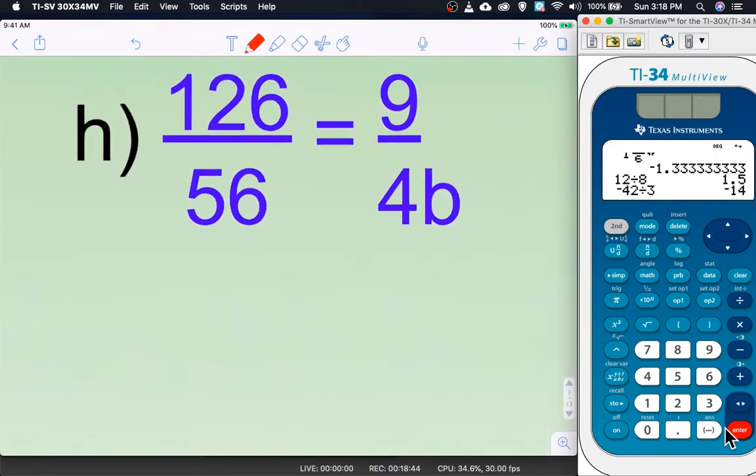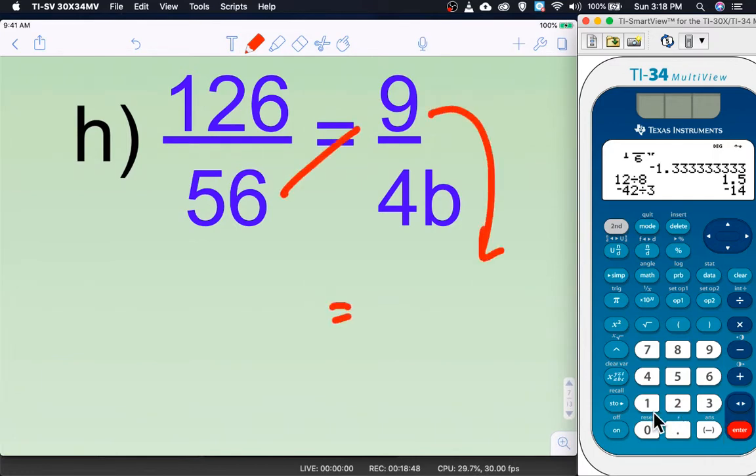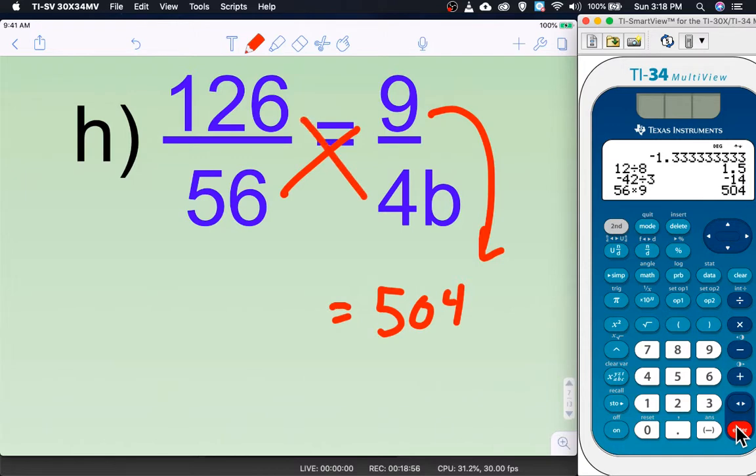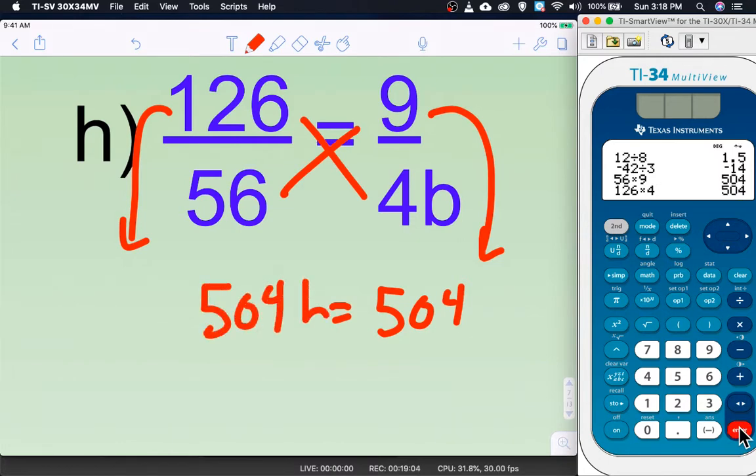Letter H. This, when I multiply, should be times 9, 504, yep. And this side, when I multiply, 126 times 4 is also 504, but this time we need a b.